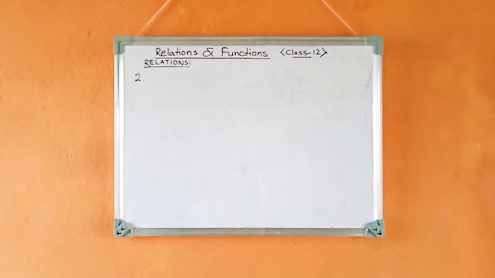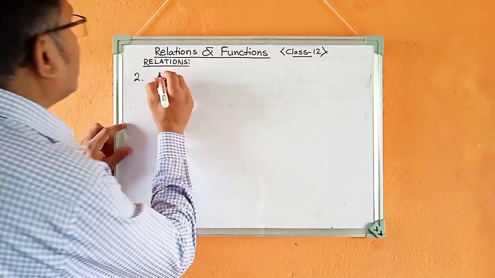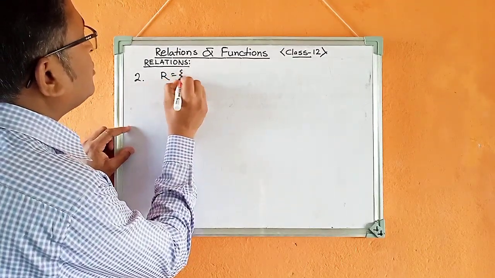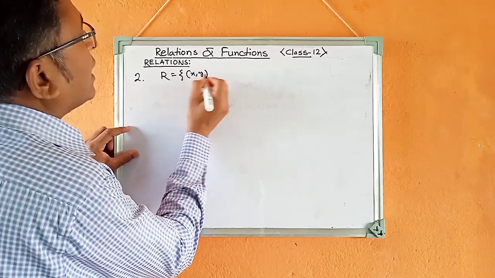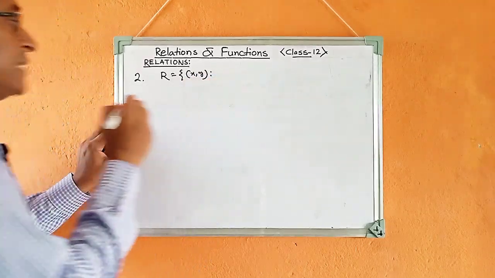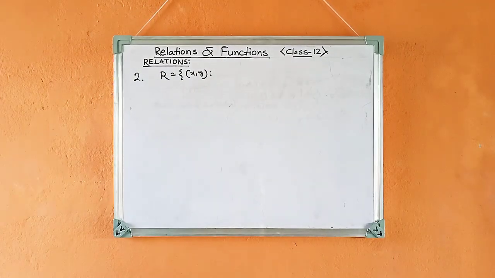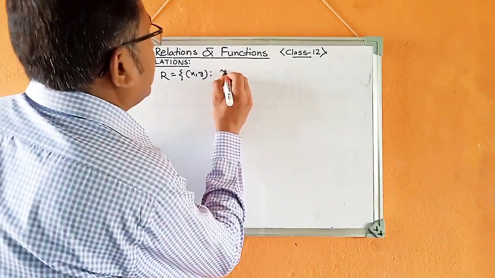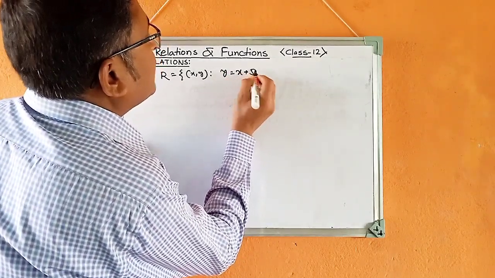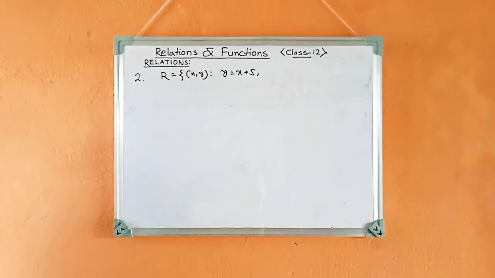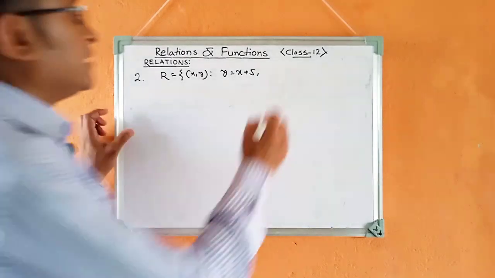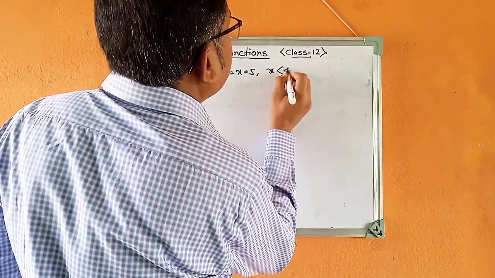Now the relation R in the set of all natural numbers is defined by R = {(x, y) such that y = x + 5 and x < 4}.